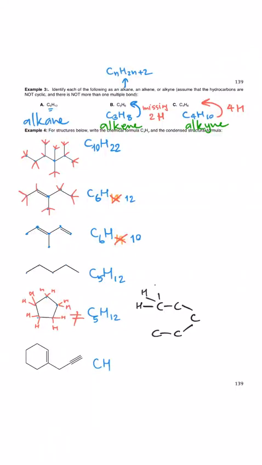It would be 3 on the first one, 2 right here, 2 right here, 2 right here, and 3 on the last one. This structure is going to be the conformational isomer of the earlier one, because it contains 5 carbon and 12 hydrogen. This is called the chain structure, because it's a long chain.